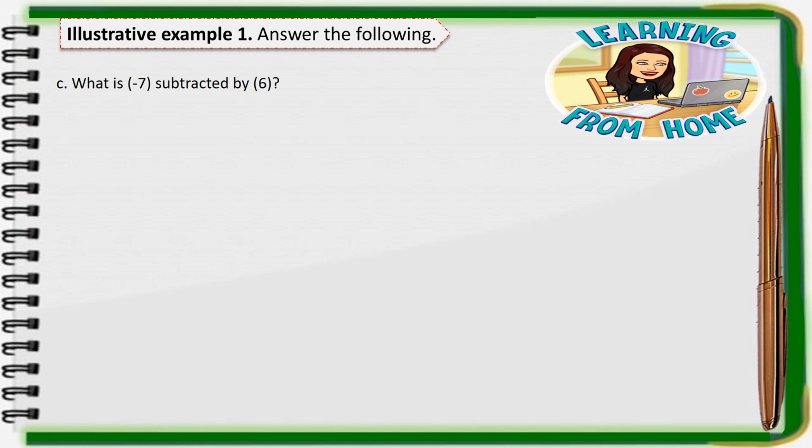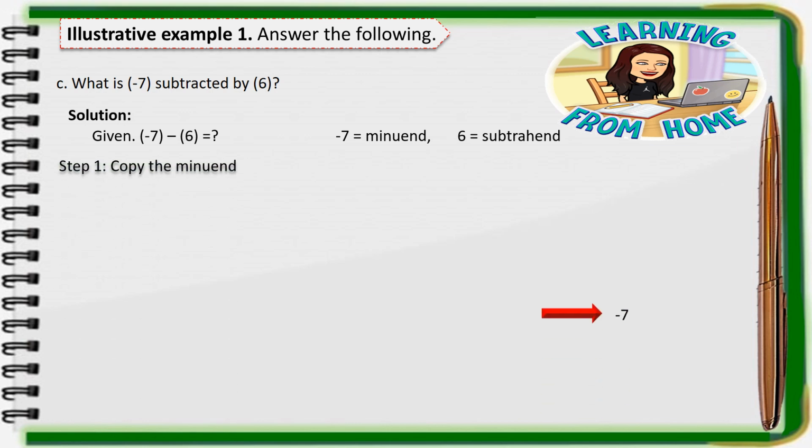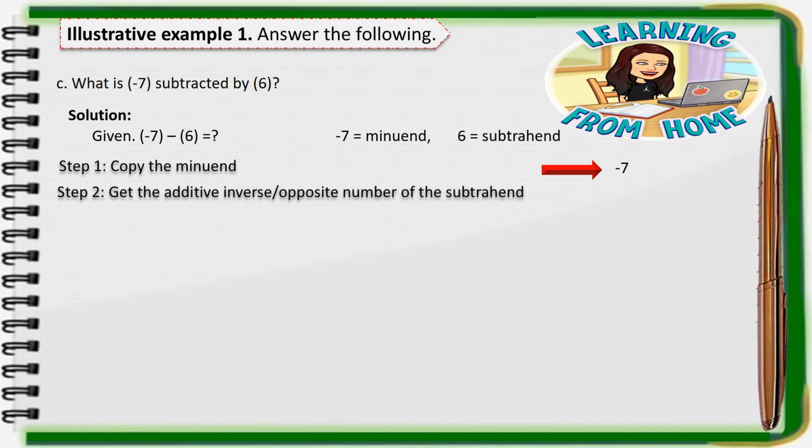What is negative 7 subtracted by 6? Okay, so let's write our given. So, we have here negative 7, our minuend, and 6, our subtrahend. So, ganun pa rin ang ating mga steps. Kopyahin ang minuend, step 1, at kunin ang additive inverse ng subtrahend.